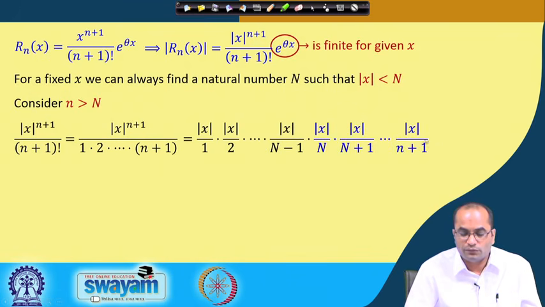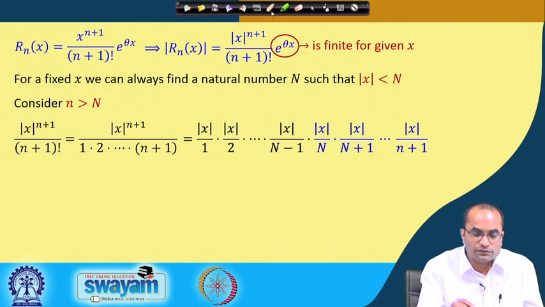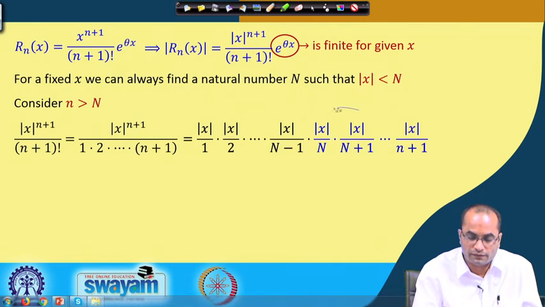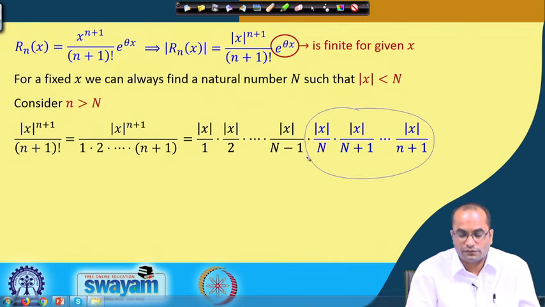We can continue. Now, just look at this term, which appears after these N minus 1 terms: modulus x divided by N, then the absolute value of x divided by N plus 1, and so on. So, this term is the absolute value of x divided by N.